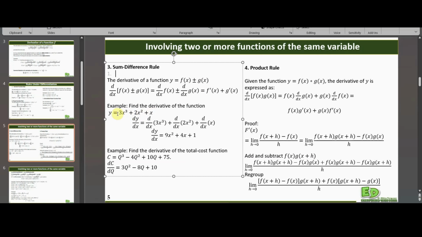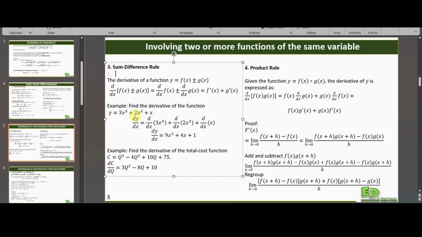Well, we see that we have y over here, so definitely if you are differentiating, we would say dy over dx, right, which is already here. What we do is that we can see this is a function on its own, this 2x squared is also another function, and then this x is also another function. We have one term here, second term here, we have a third term here. So there are three terms over here being separated by a binary operation plus or addition, right?